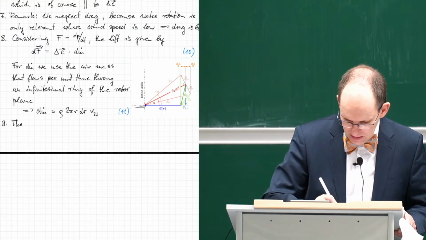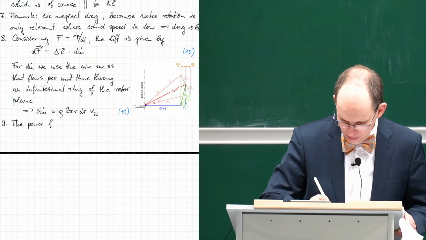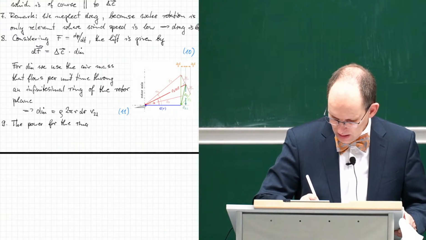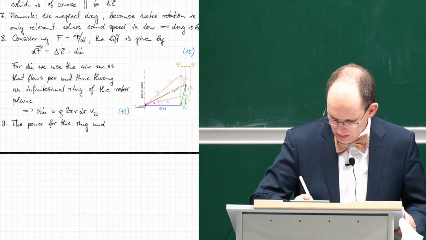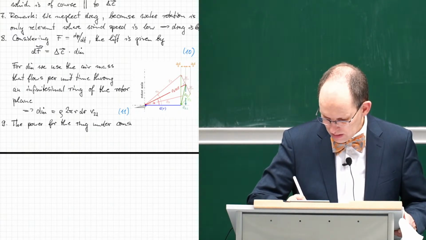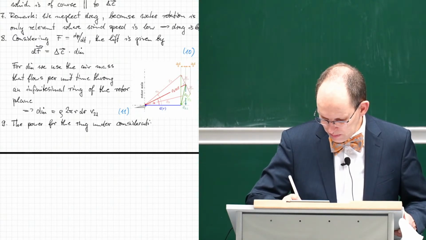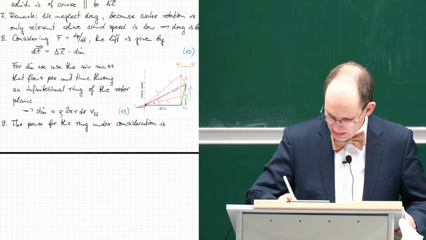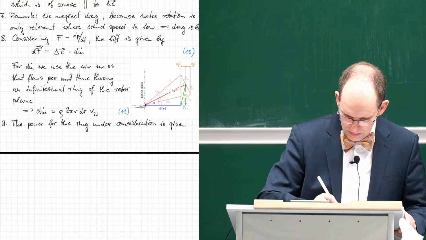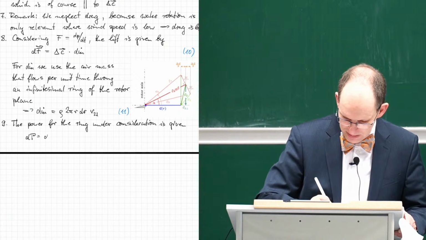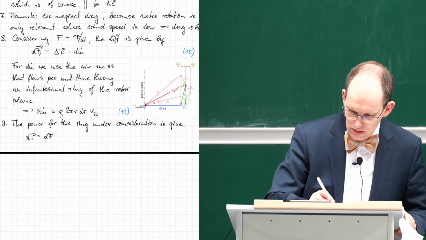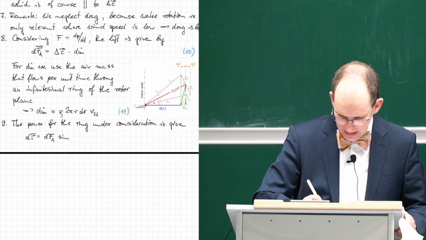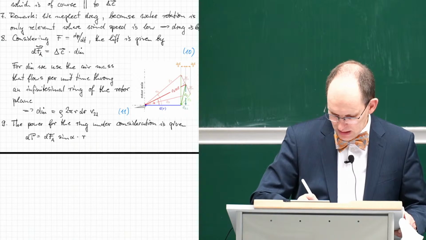So the power for the infinitesimal ring under consideration is of course given by force times velocity, and therefore we have dP equals dFA times the sinus of alpha times r times omega.